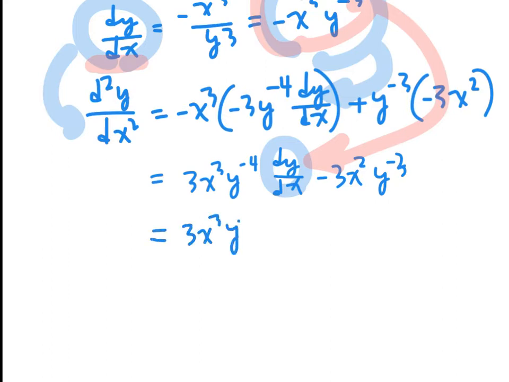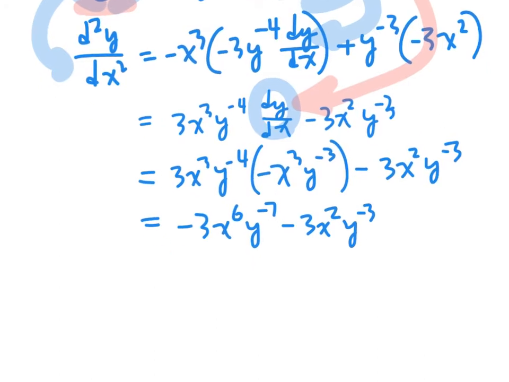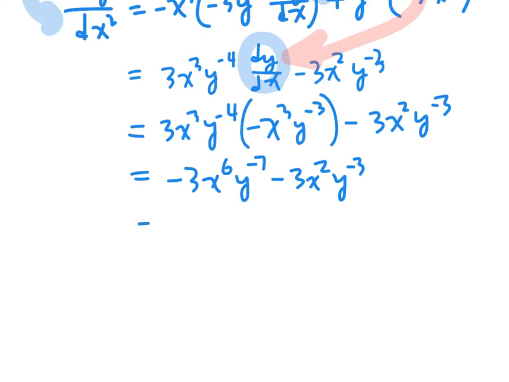3x cubed y to the negative 4, and then substitute negative x cubed y to the negative 3, and then minus 3x squared y to the negative 3. All right, let's simplify as much as we can. So negative 3x to the 6, y to the negative 7, minus 3x squared y to the negative 3. Let me put it over a denominator, sometimes it's easier to see.